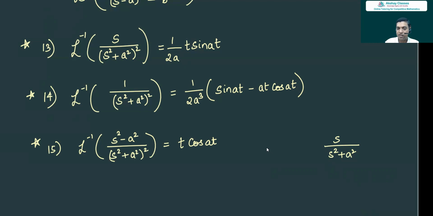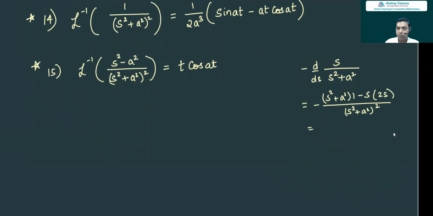Differentiating this once with a minus sign, you will get minus of [(s square plus a square) times the derivative of s, that is 1, minus s times 2s] over (s square plus a square) the whole square. So s square minus 2s square is minus s square plus a square.